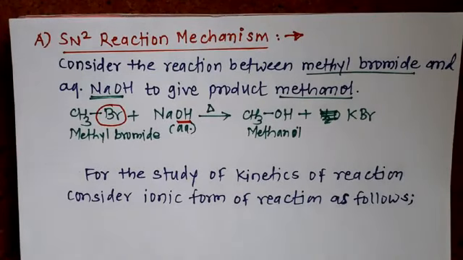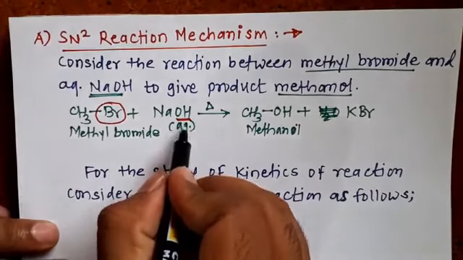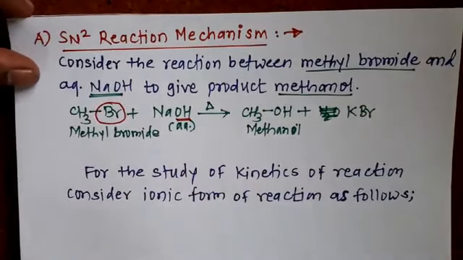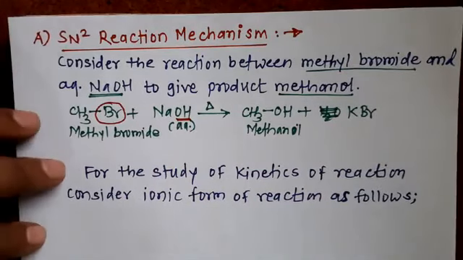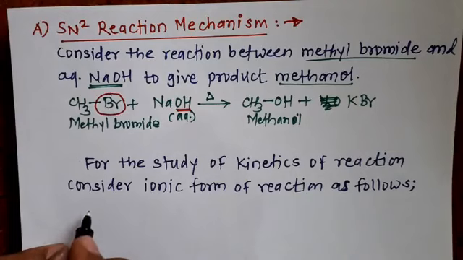For the study of the kinetics of this reaction, meaning the rate of this reaction, we write the ionic form of this reaction, meaning we write the nucleophile in ionic form, that is the OH minus ion.